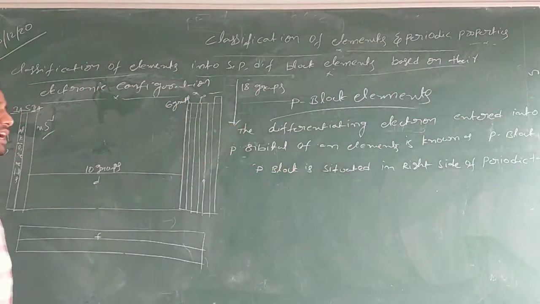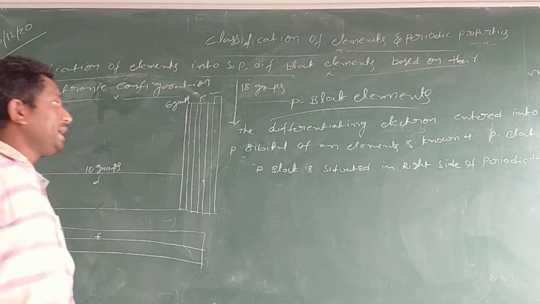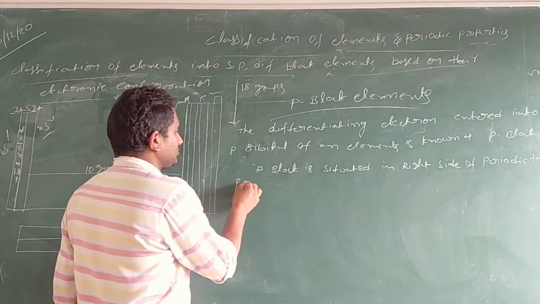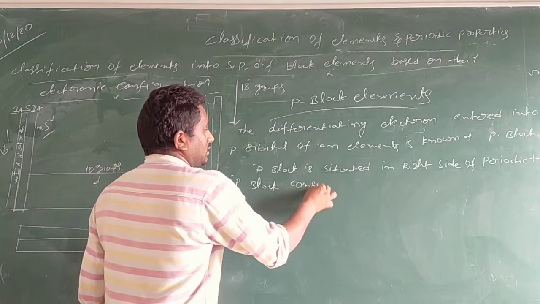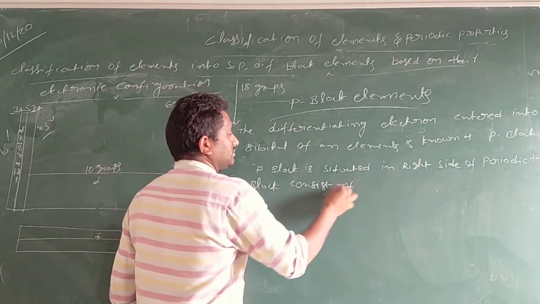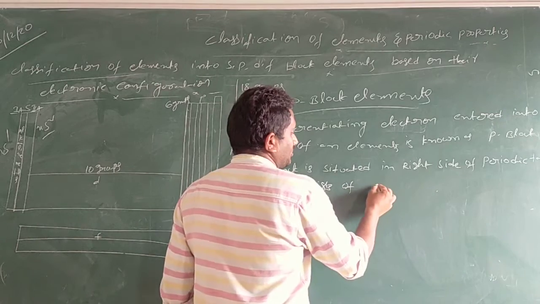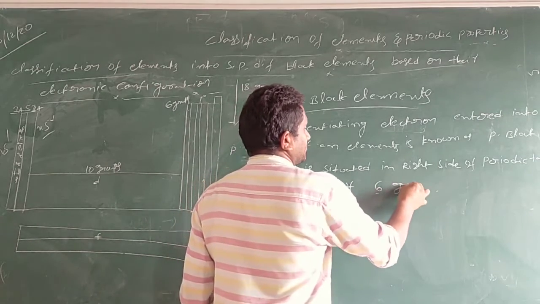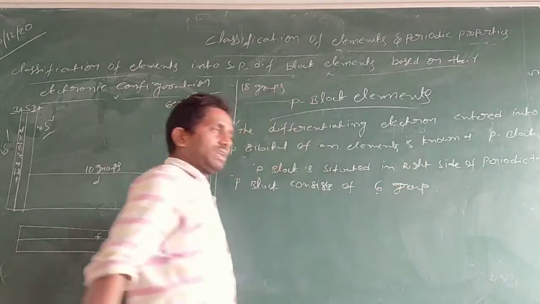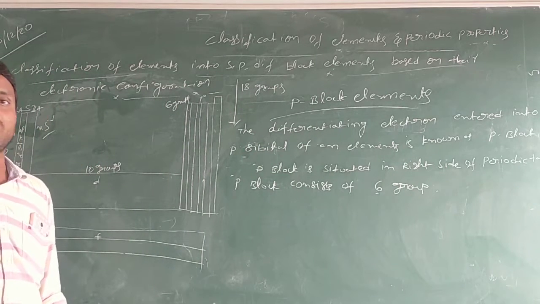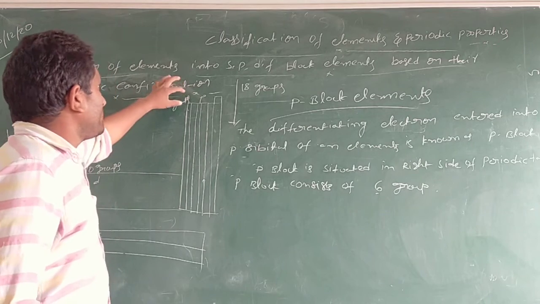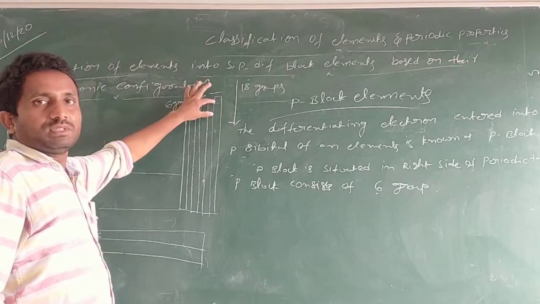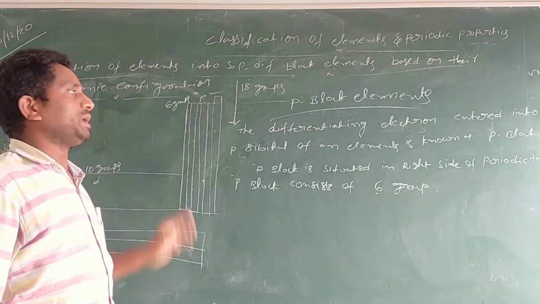P block consists of 6 groups: group 3A to 7A and 0 group elements.